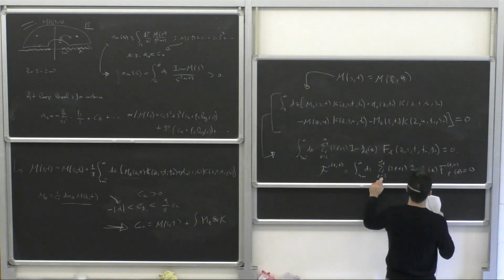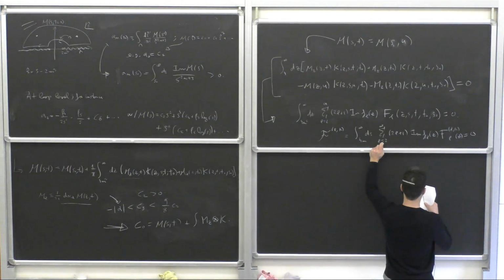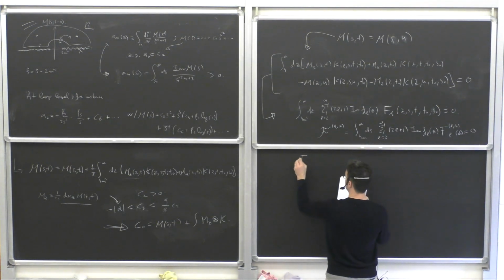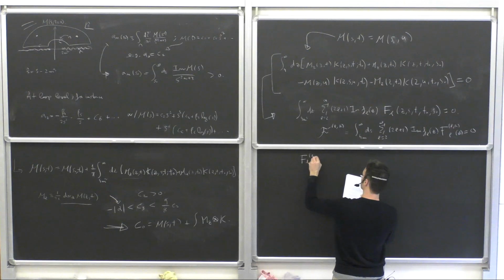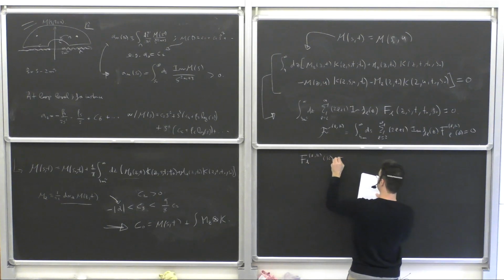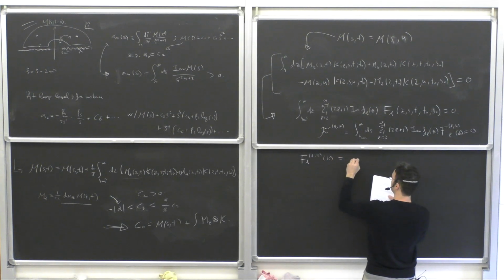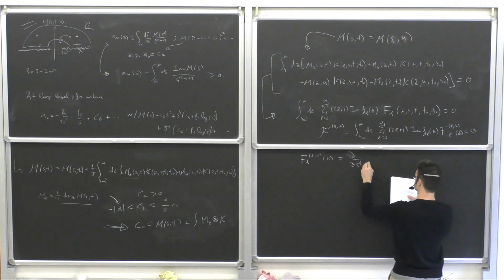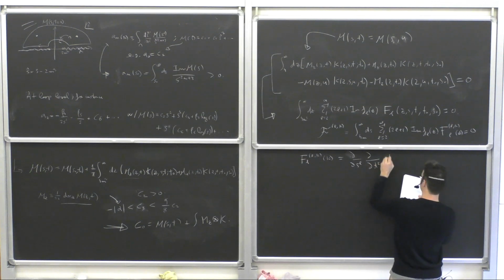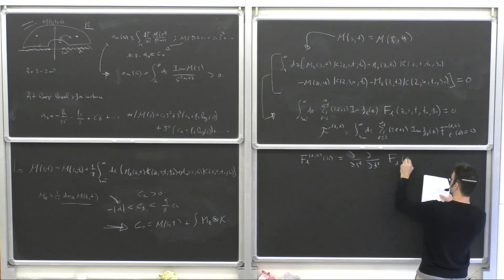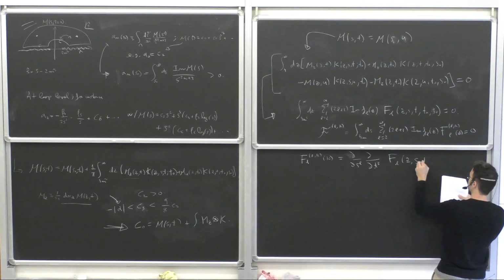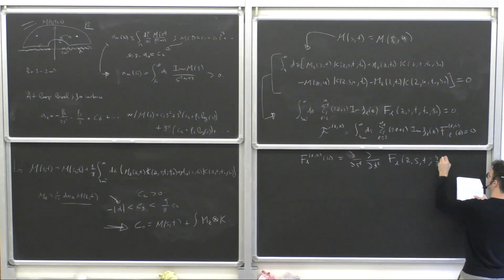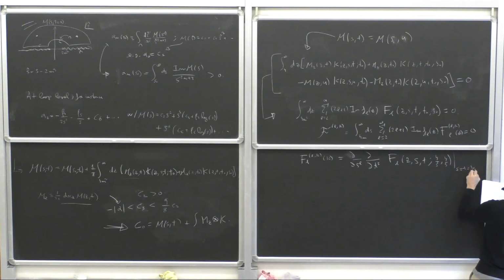And now this is a nice equation, where F_LK of z is simply equal to L derivatives of s and k derivatives of t acting on the kernel Z(s,t), at s equal t equal 4/3.